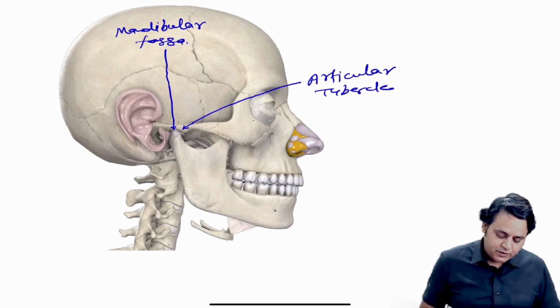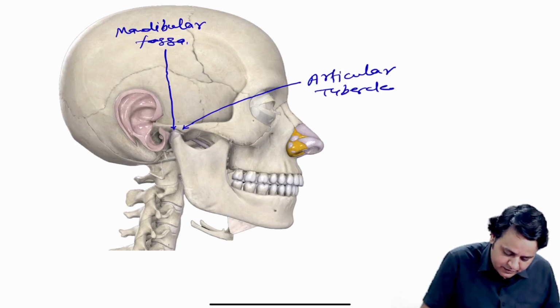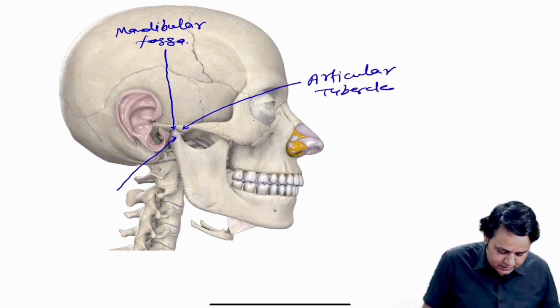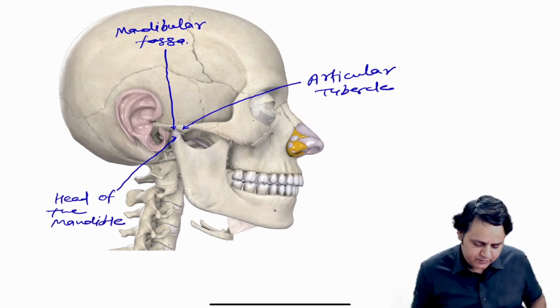And now the third structure taking part in the TMJ is the head of the mandible, or you can say the condyle of the mandible.